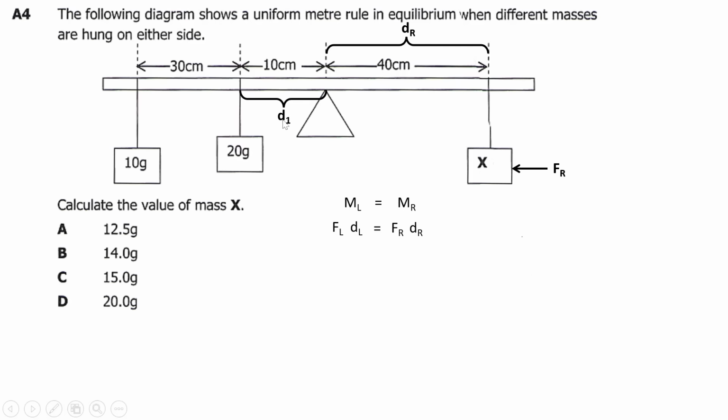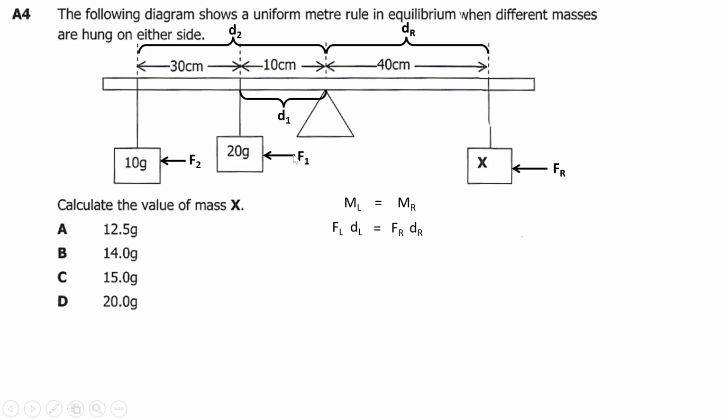I'll call it d1, and the force produced by this mass, I'll call it F1, so that these move accordingly. Then I'll go to this distance from the pivot up to here where this mass stands. I'll call it d2, and the force I'll call F2. The force caused by the mass of 10 grams is F2.